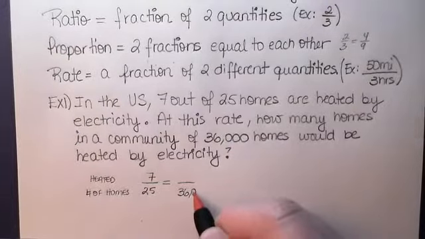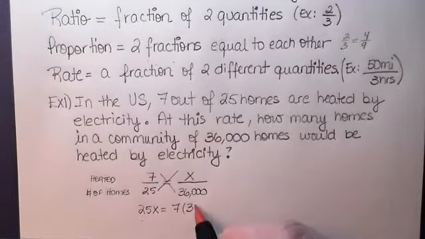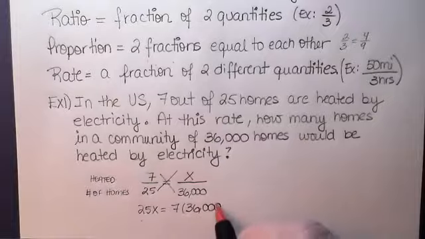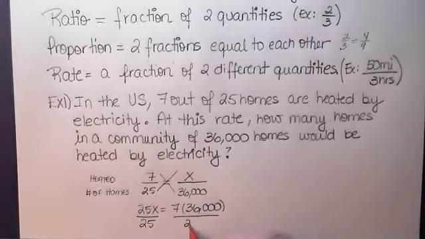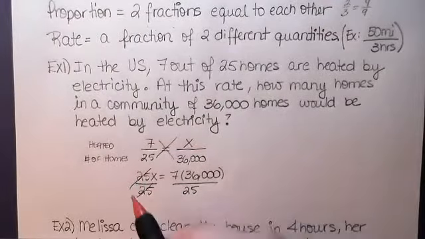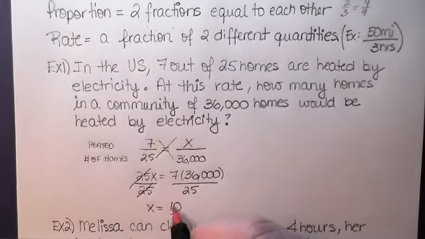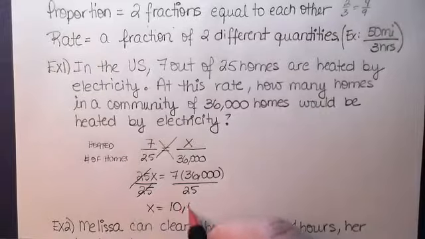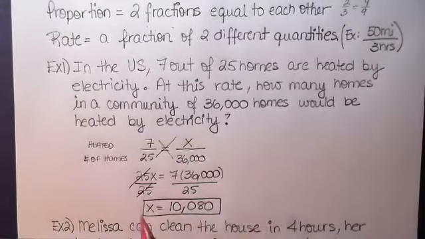This would be 25x equals 7 times 36,000. Then I'm going to divide by 25 on both sides. And when I divide, 25 cancels. And when I punch this in the calculator, I'll get 10,080 heated homes. And that's it.